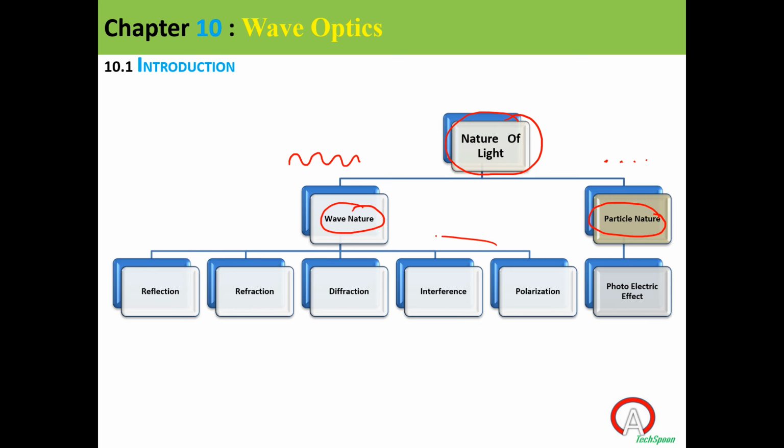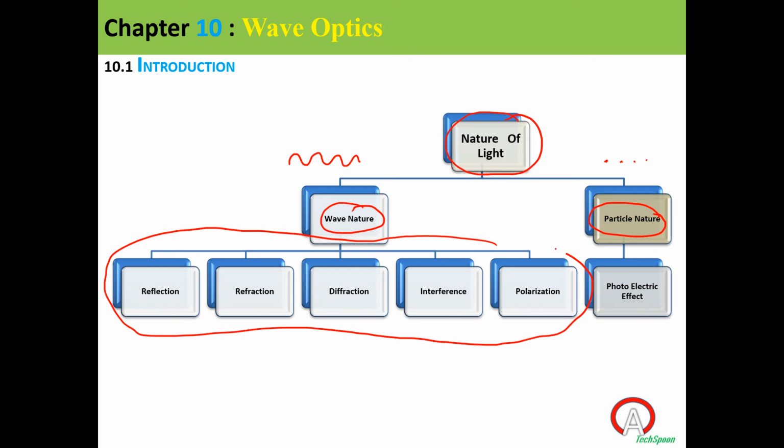So these phenomena, how many phenomena? Five phenomena, starting from reflection, which you know, refraction, which you know, diffraction, which you are going to study, interference, and polarization. These five phenomena of light are explained based on the wave nature of light. It's not possible to explain these phenomena based on particle nature.